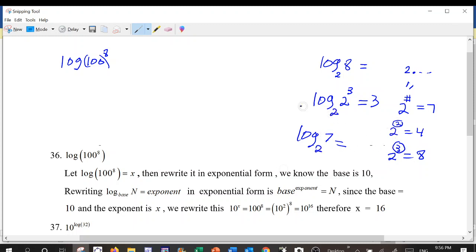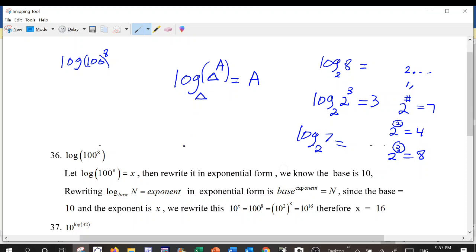So we can do that. But what if we have something like this? We are supposed to do this without a calculator. So we have to simplify this. So this is the trick. If we have the same base here and to some power, let's say a, then the answer is a. So if we can write the argument of log as the base to some power, we can easily simplify it.